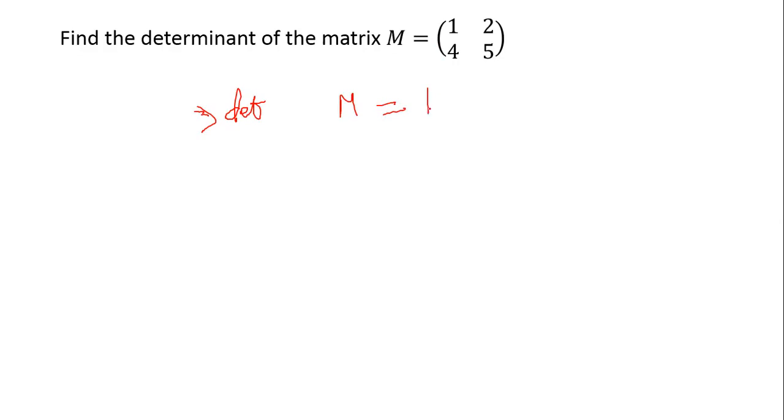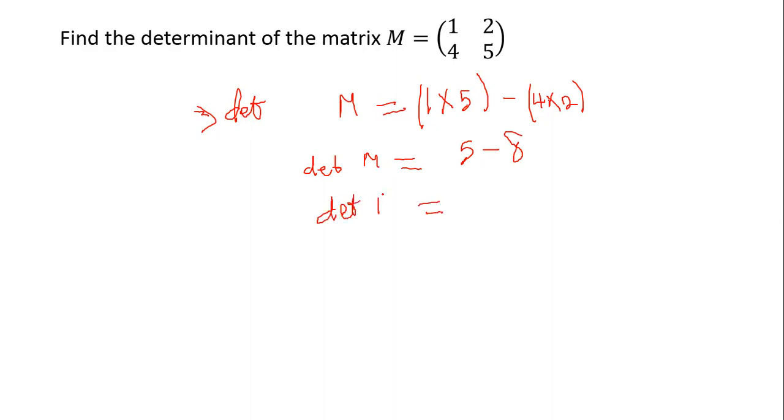One times 5, minus 4 times 2. So 1 times 5 is 5. Then 4 times 2? 8. And then 5 minus 8? Negative 3. Okay.